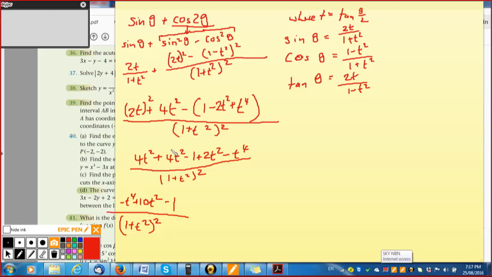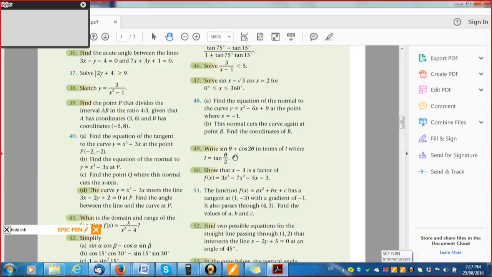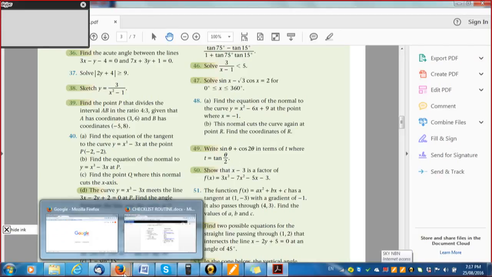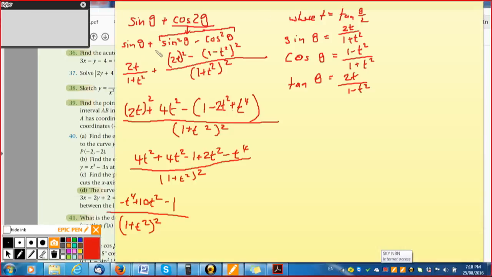Is that what the back says? The back says t to the power of 4 plus 2t cubed minus 6t squared plus 2t plus 1. Okay, hold on. Oh, is this cos squared minus sine squared, or is it sine squared minus cos squared, for the double angle formula?